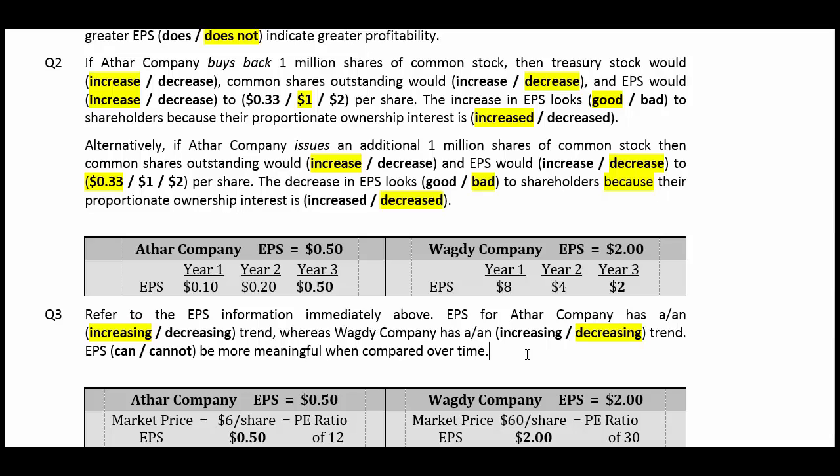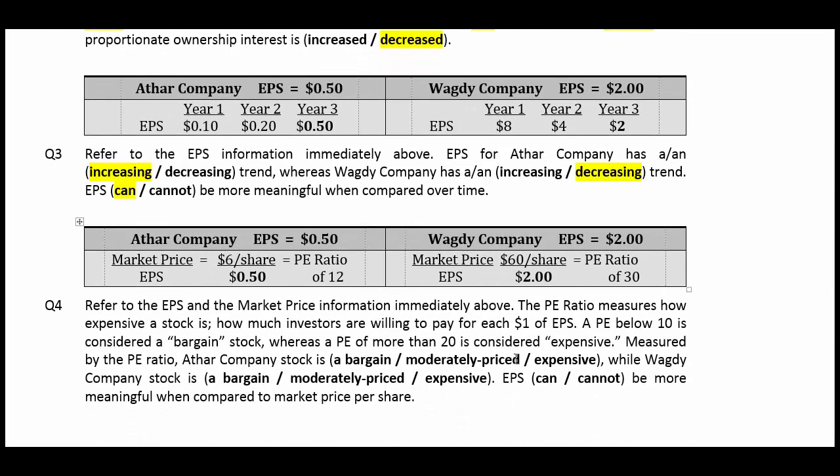So comparing over time helps you or doesn't help you? Okay, here's the best. It can help you. It helps to look at how earnings per share changes. But comparing one company's earnings per share to another company's earnings per share is in fact a very dangerous thing to do.